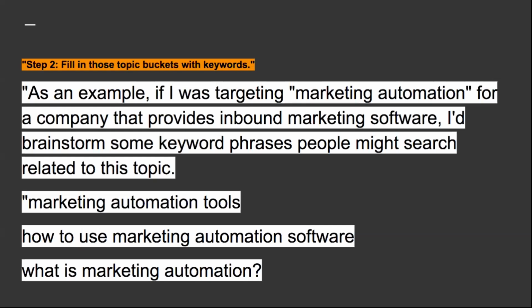So let's say we want to talk about marketing software now. We can talk about marketing software tools, or how to use marketing automation software, or what is marketing automation. Why I pick these phrases is just because these are phrases people search for, and it's normally between 2 to 4 keywords.